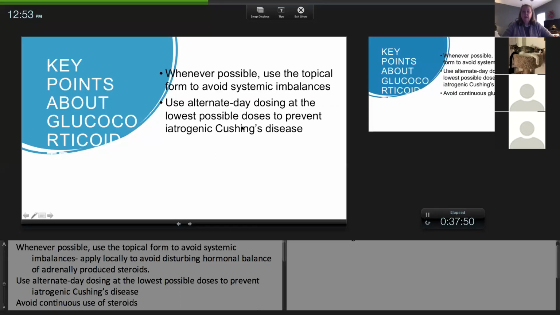For example, when he was on prednisone, he had to be on a daily high dose. But after about a month, he went from 40 milligrams once a day for a month, 30 milligrams once a day for a month, 20 milligrams a day for a month, 20 milligrams every other day for a month, 10 milligrams every other day, 10 milligrams every third day.